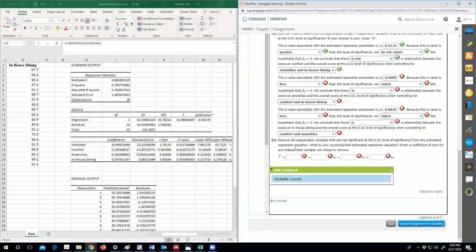What does this mean, Nida? All the independent variables. What does that mean? Remove. Then there will actually be no x1.